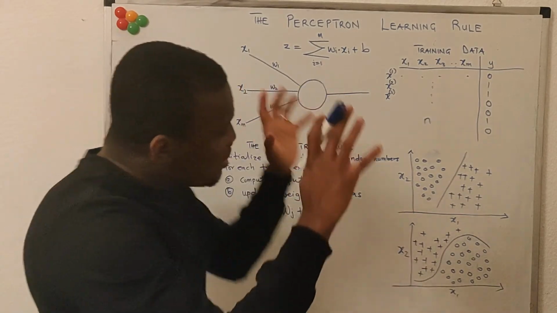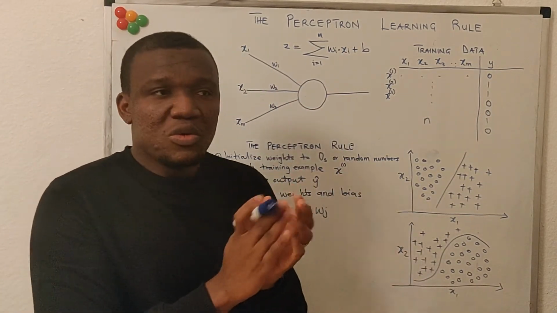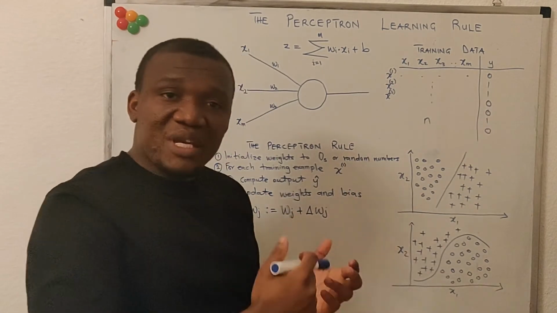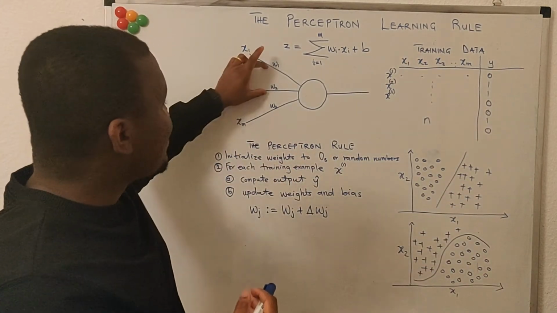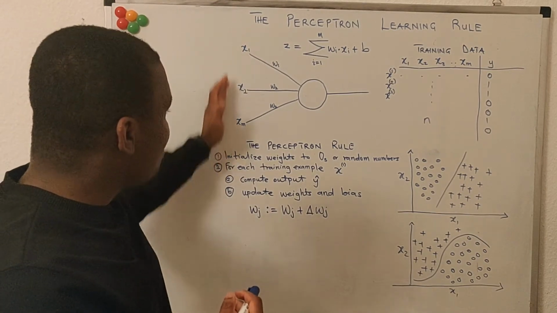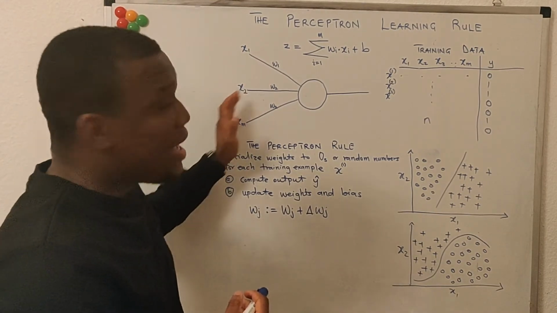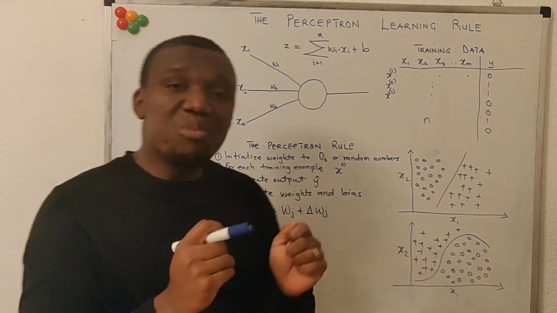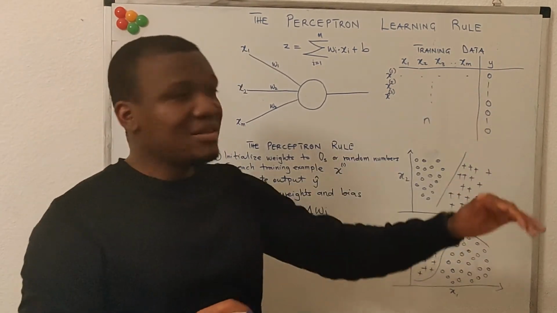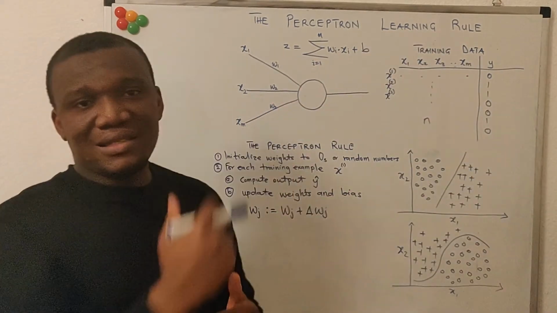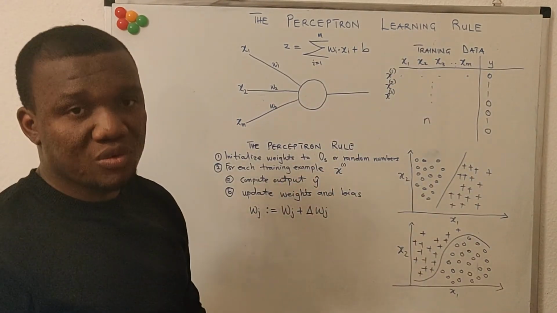And all these things contribute to the tumor being benign or cancerous. And so we assign a weight to each one of these input features, and the weight represents how important that particular feature is to determining the resulting class that is assigned to the training example.